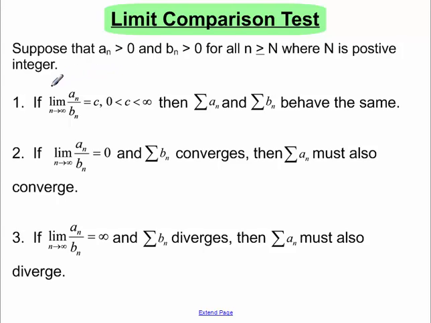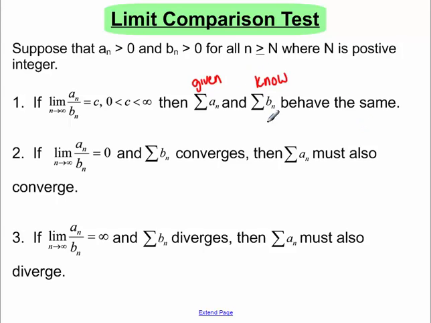Okay, so if you take the limit as n goes to infinity of the ratio of the one we are given, so what's in the problem, versus something that we know how b of n behaves. If you get a value for that limit, they're going to behave the same.